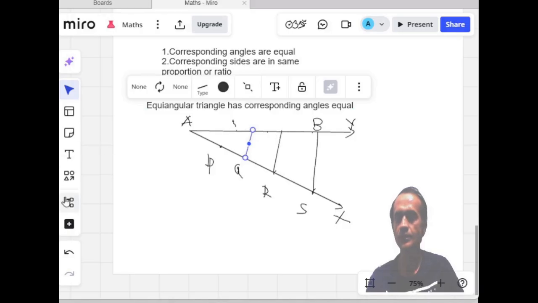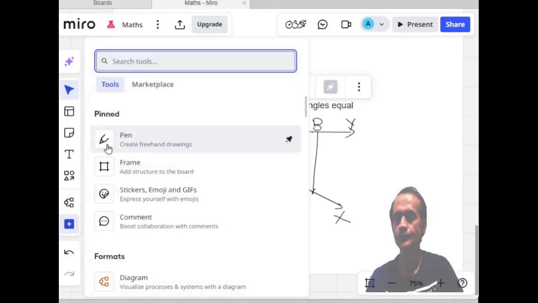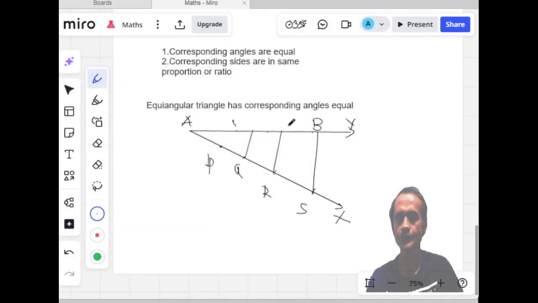and let us give them some names. So this line is RC, this is QD. So we have also formed a series of triangles. One, this triangle, and this triangle.